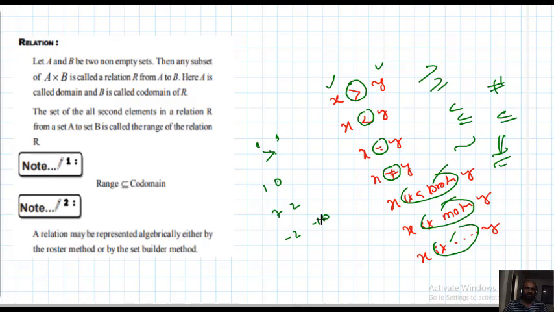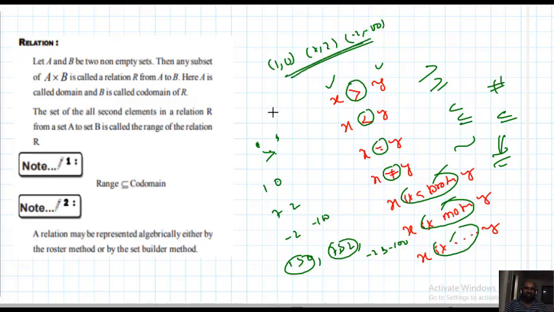Between minus 2 and minus 100 I can write this symbol. Instead of writing like this, mathematicians write (1, 0), (7, 2) and (-2, -100) as the pairs satisfying this condition.